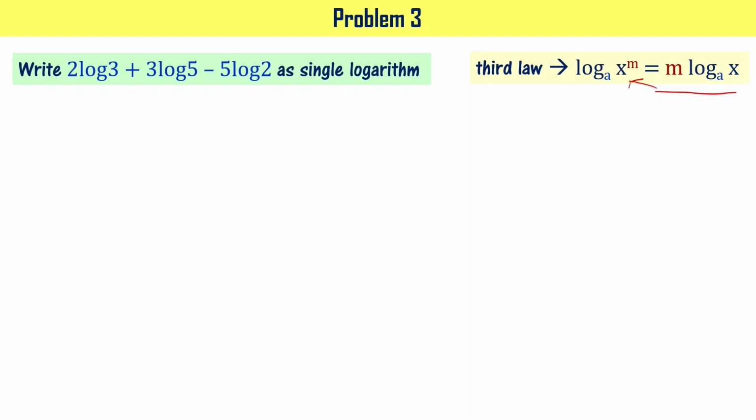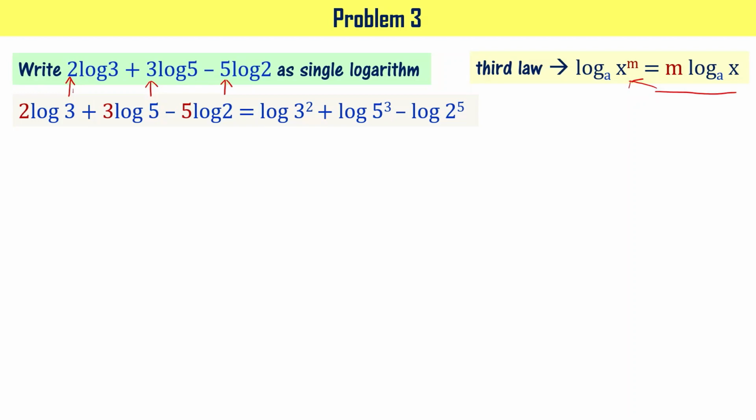That's what is going to happen for these. Here, if you observe, the 2 here you see is like m, and 3 here is like m, and 5 here is like m. So let's rearrange these terms now such that I can write 2 log 3 as log 3 square and 3 log 5 as log 5 cube and 5 log 2 as log 2 power 5, right?